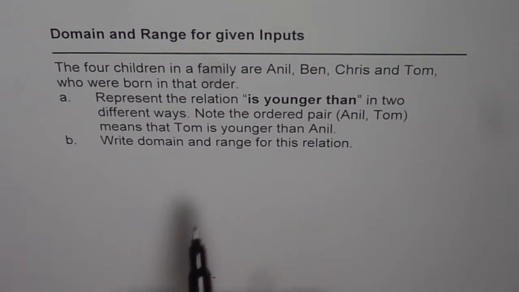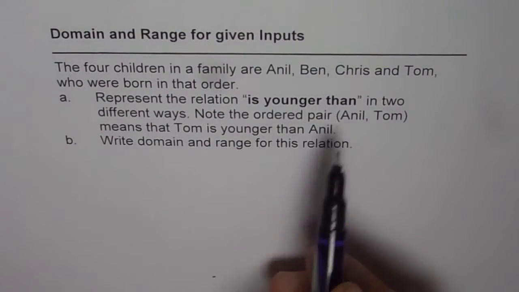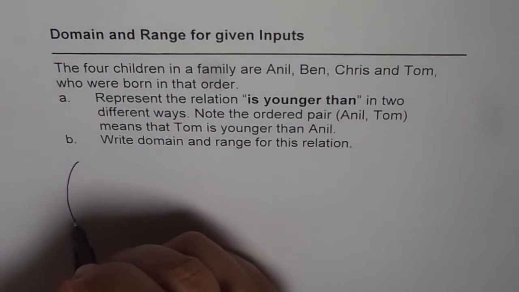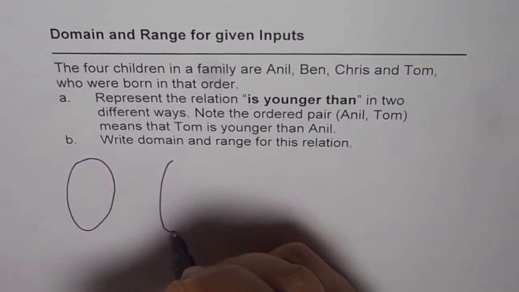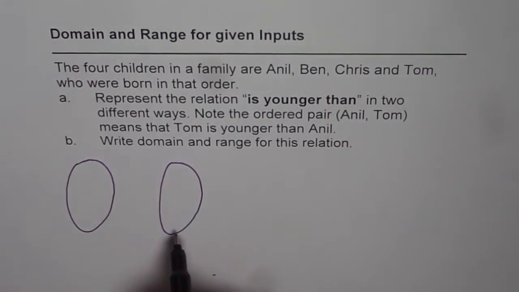Okay. Now we need to represent this relation in two different ways. One, of course, is the ordered pair. Let me start with the other way, which is the mapping diagram. So I will draw the mapping diagram for the given situation. Let us say these are the two sets. These are the inputs and those are the outputs.